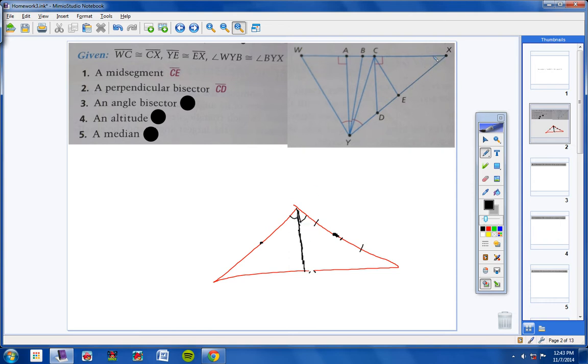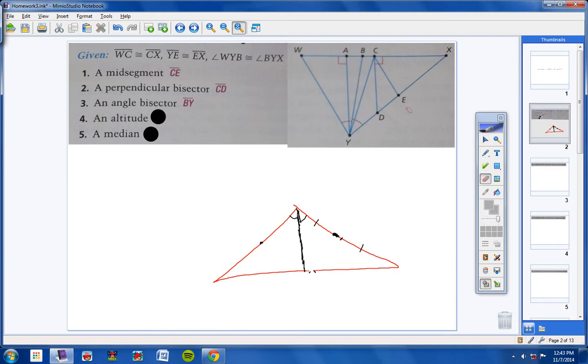We don't see any marks over here, but we do see some here. Now follow the red lines carefully. It goes from here to here, and from here to here. So this line right here, BY, is cutting angle Y in half. So BY or YB is your angle bisector.